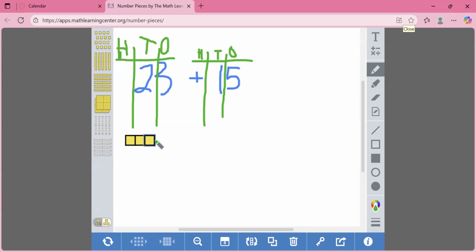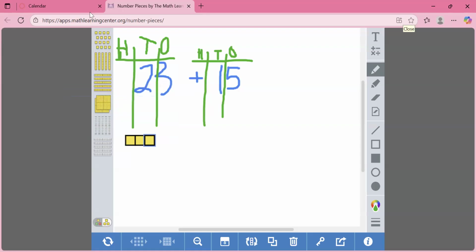Now, how many tens do we have in the number 23? 2. Thank you, Deborah. Yes, you are correct. We have 2. So can you tell me which base 10 blocks would we use to represent the two tens? 2 base 10 blocks.